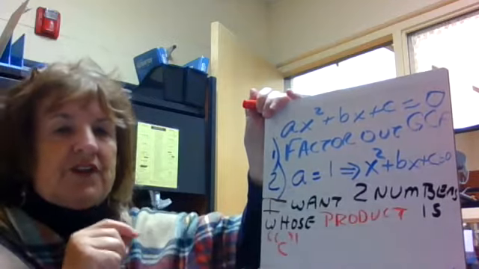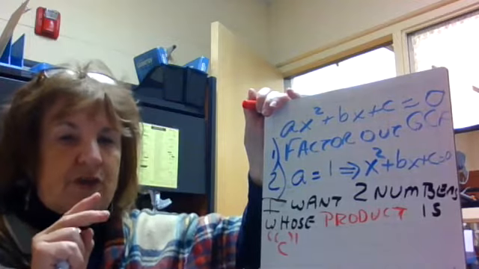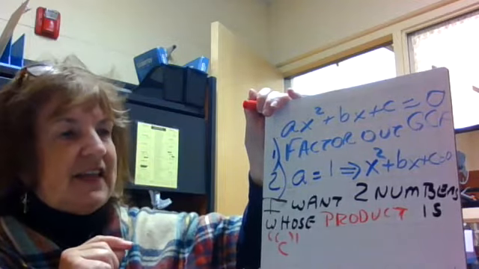So we're looking for two numbers whose product is C.